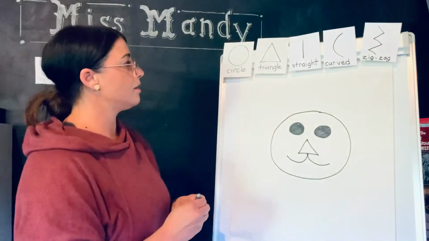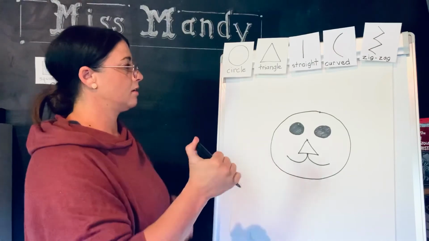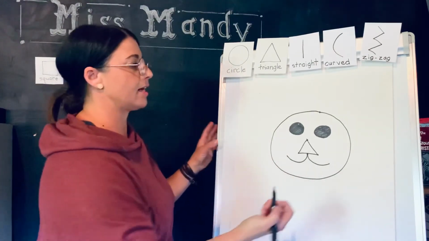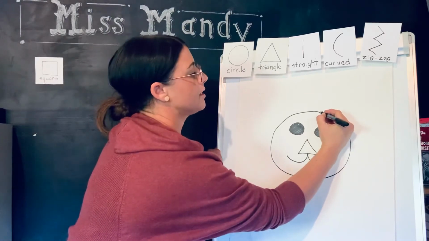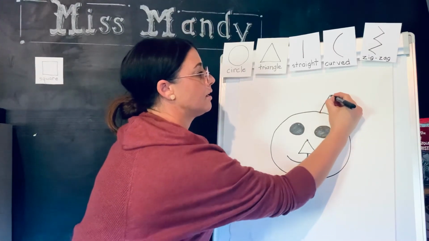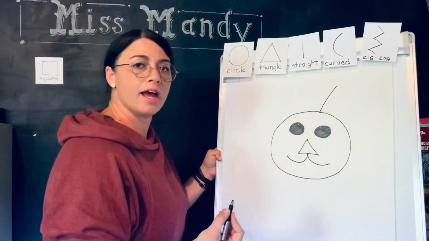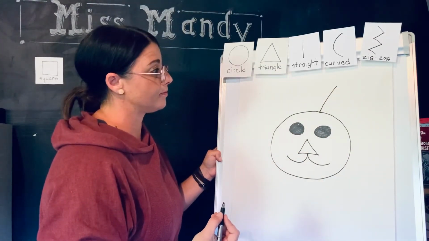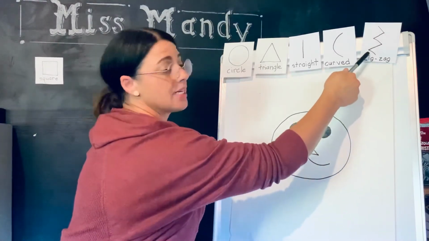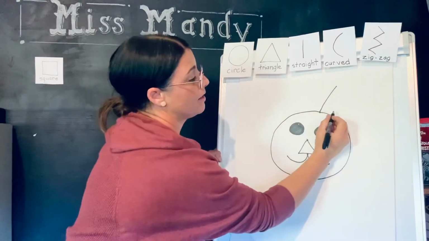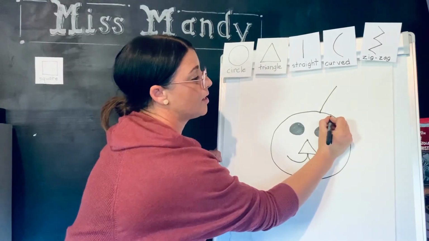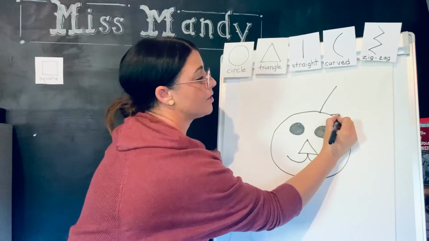So you can switch off with straight line and then zigzag line. So we're just going to start here on the top of the circle and then go out straight line. And then I'm going to try a zigzag line.